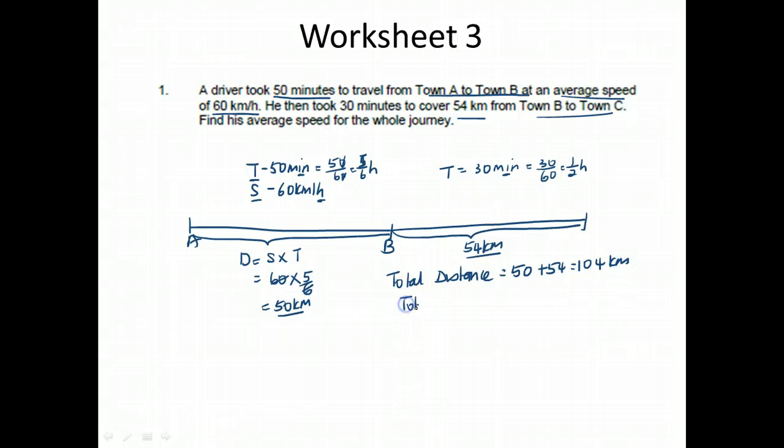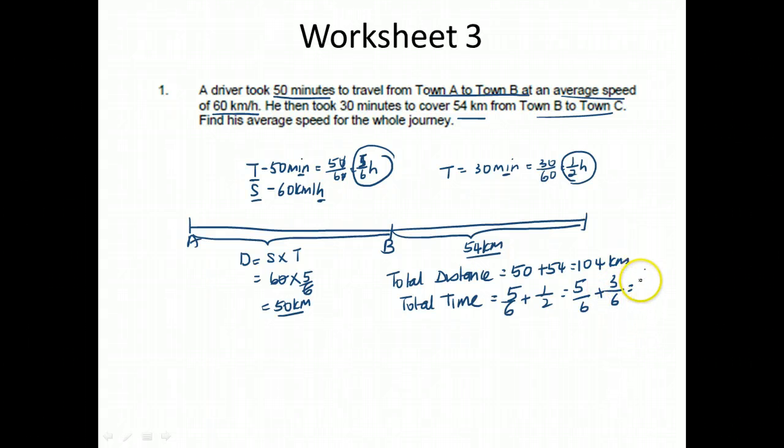My total time is 5/6 plus half hour. So 5/6 plus half is 5/6 plus 3/6, which is 8 out of 6. So I want to find the average speed.